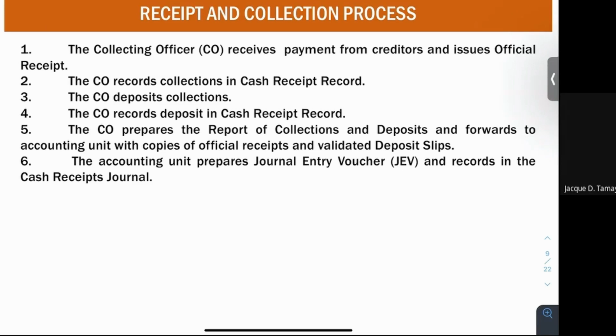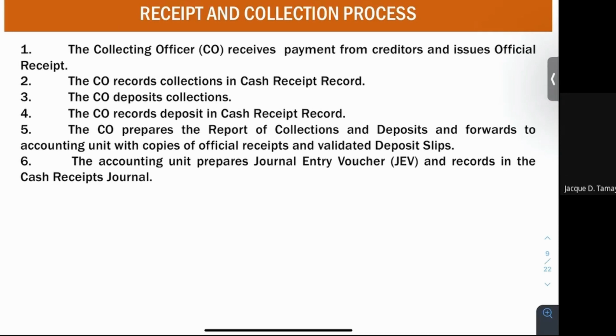Because under the government, once the collecting officer receives something, that's the only time the collecting officer will issue a receipt. The difference here from your financial accounting is that once there is a revenue, you can issue a receipt. But in government, you only issue a receipt upon collection. Upon receiving payment, you issue the receipt.